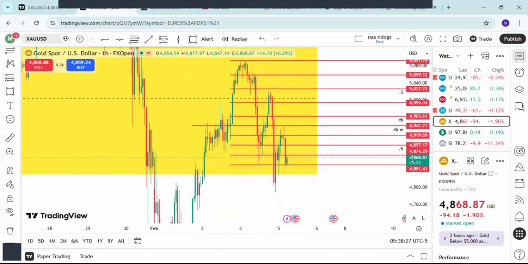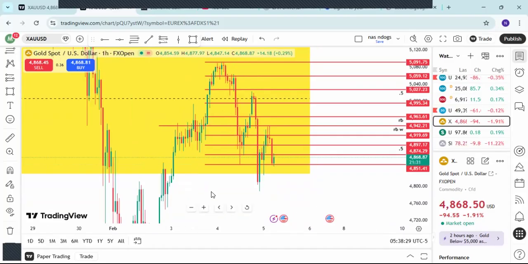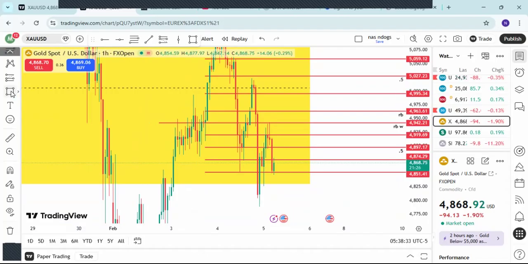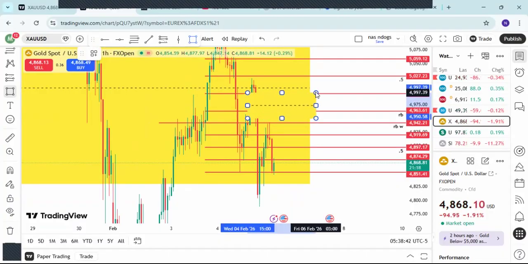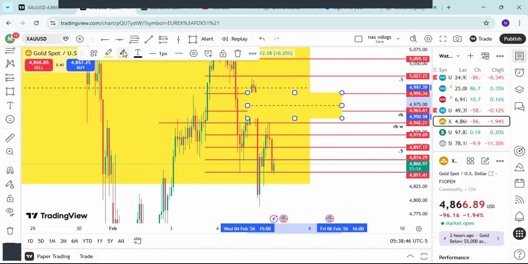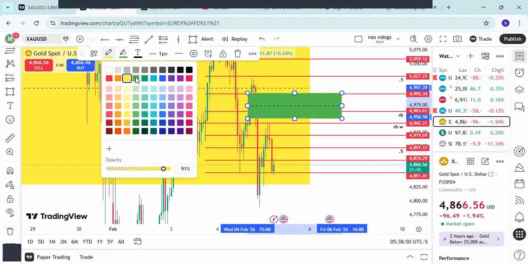Okay, now what are we going to look for? Still looking for downside. So looking at critical levels, we have this here. We have this in green.